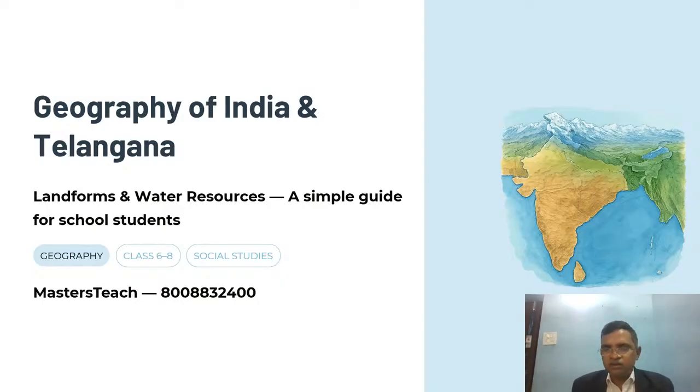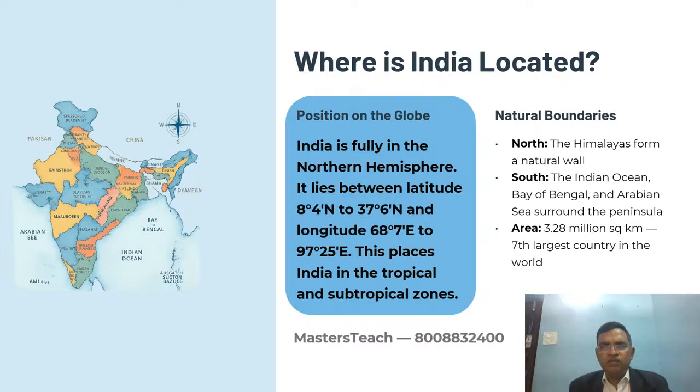Okay, let us start. So we'll discuss landforms and water resources. In this, where is India located? So it is an Indian map. India is fully in the northern hemisphere.